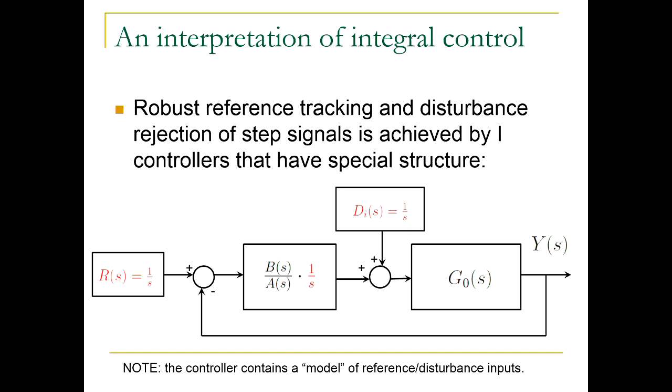So if you want to track sinusoidal reference signals of a certain frequency, you have to include inside your controller the model of that disturbance or reference that you want to track. And you will see that that is a necessary and sufficient condition if you achieve internal stability; it is also sufficient for achieving zero steady state error for that class of references and inputs. We will present this in a much more general case in the next lecture.